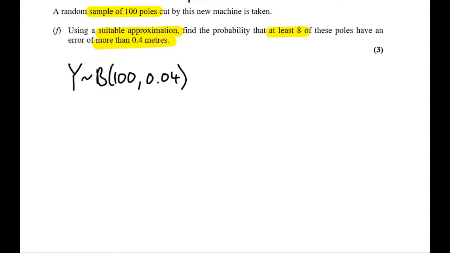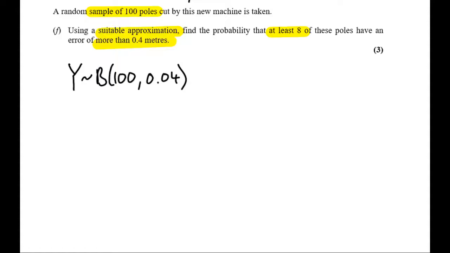Okay, I've been asked to use an approximation. There are 2 options from the binomial. I can approximate to a Poisson, I can approximate to the normal. Since on this occasion I have a large value of n and a small value of p, that's the perfect criteria for us to approximate to the Poisson distribution.